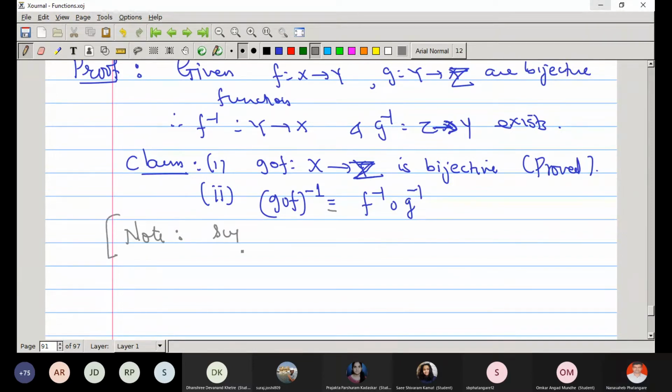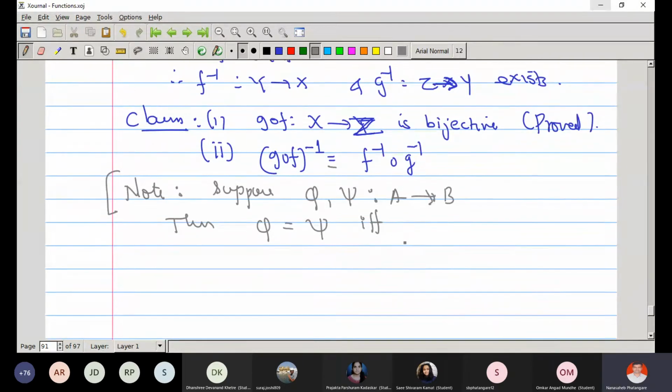Suppose phi and psi are two functions from A to B. Their domain is the same. Then phi is equal to psi if and only if... What is the definition of equality of two functions?